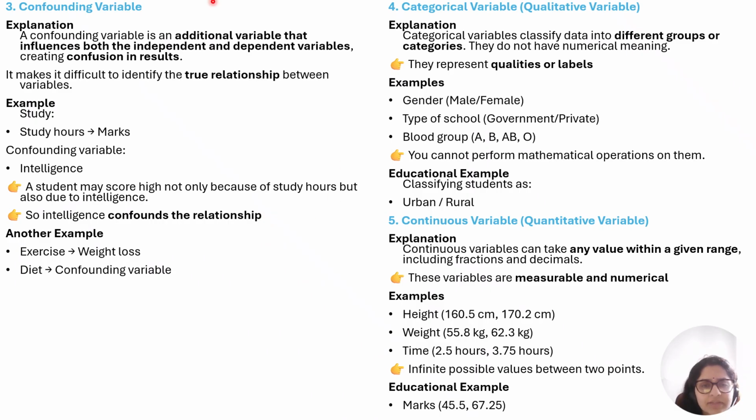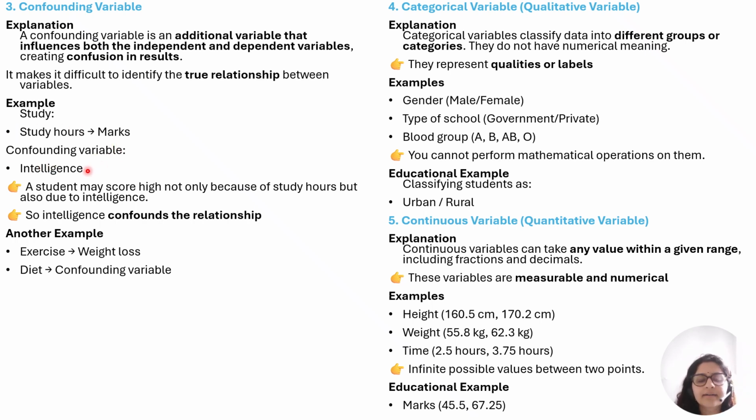So let us see a small example. We already know a student's marks are dependent on study hours. So study hours is the independent variable and marks is the dependent variable. Clear till here? Next, how does the confounding variable come into the picture?